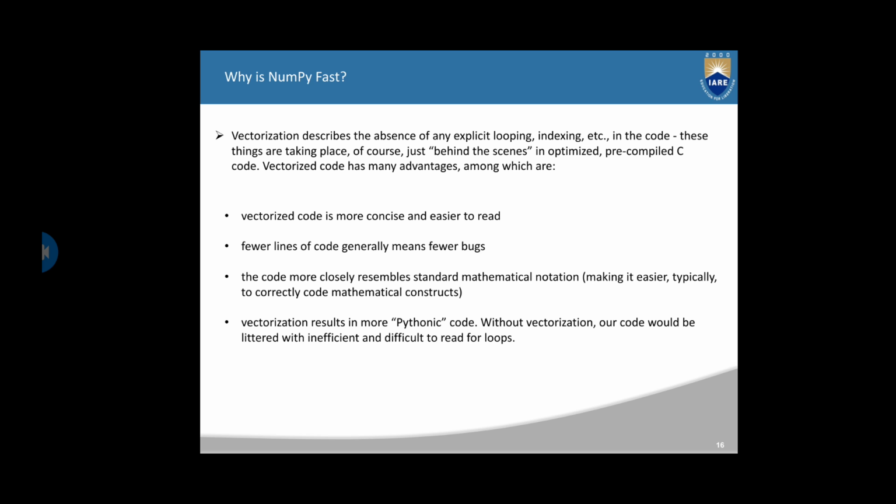Fewer lines of code generally means fewer bugs. The code more closely resembles standard mathematical notation, making it typically easier to correctly code mathematical constructs. Vectorization results in more Pythonic code. Without vectorization, our code would be littered with inefficient and difficult to read for loops.